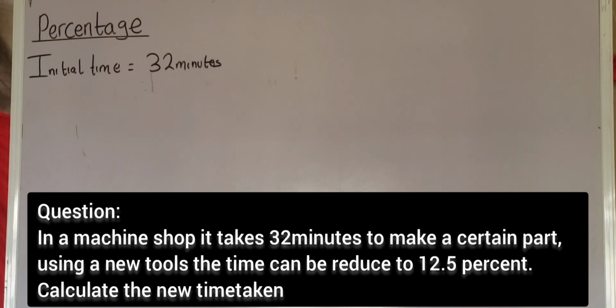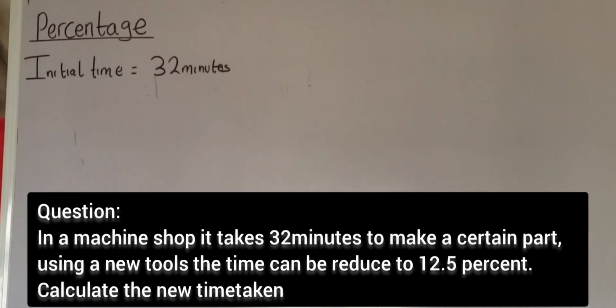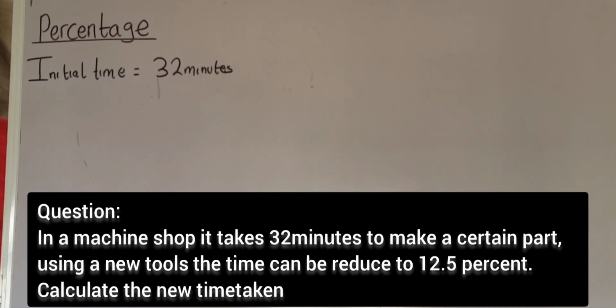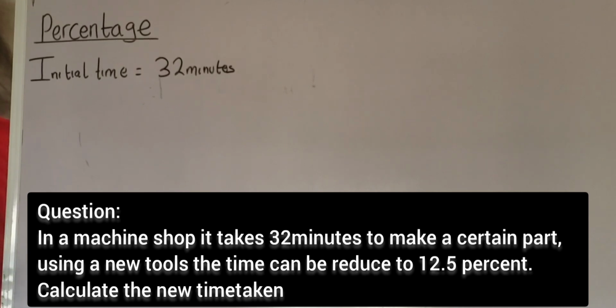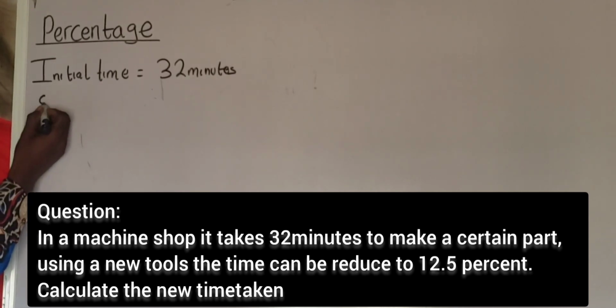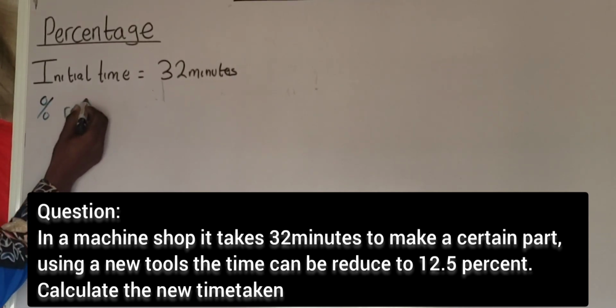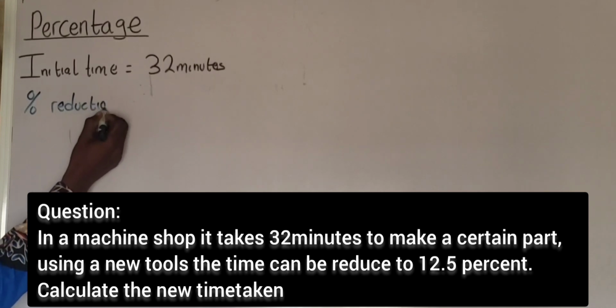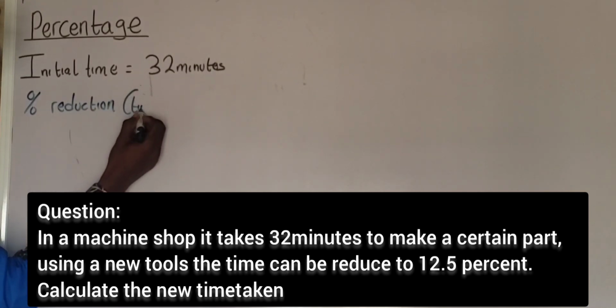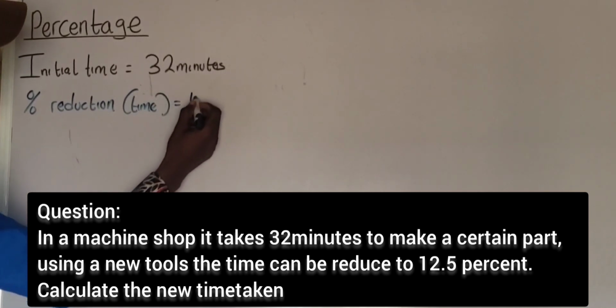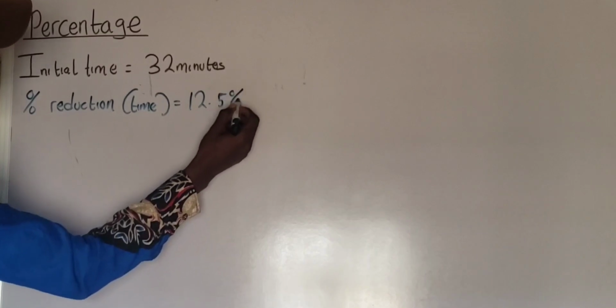The question proceeds to say, using a new tool, that is, when a new tool is used, the time can be reduced by 12.5%. I will call that the percentage reduction in time. Percentage reduction in time is equal to 12.5%.